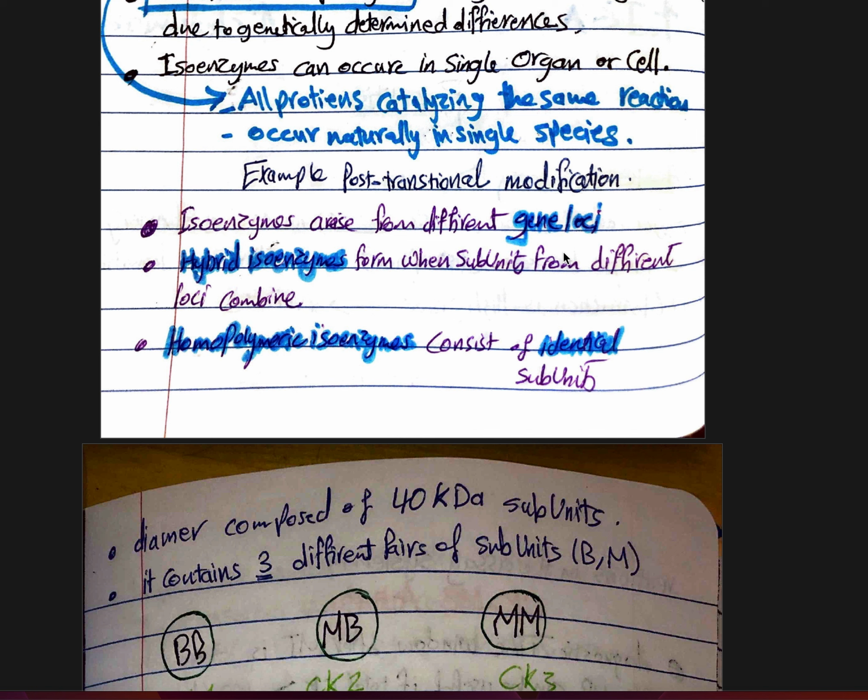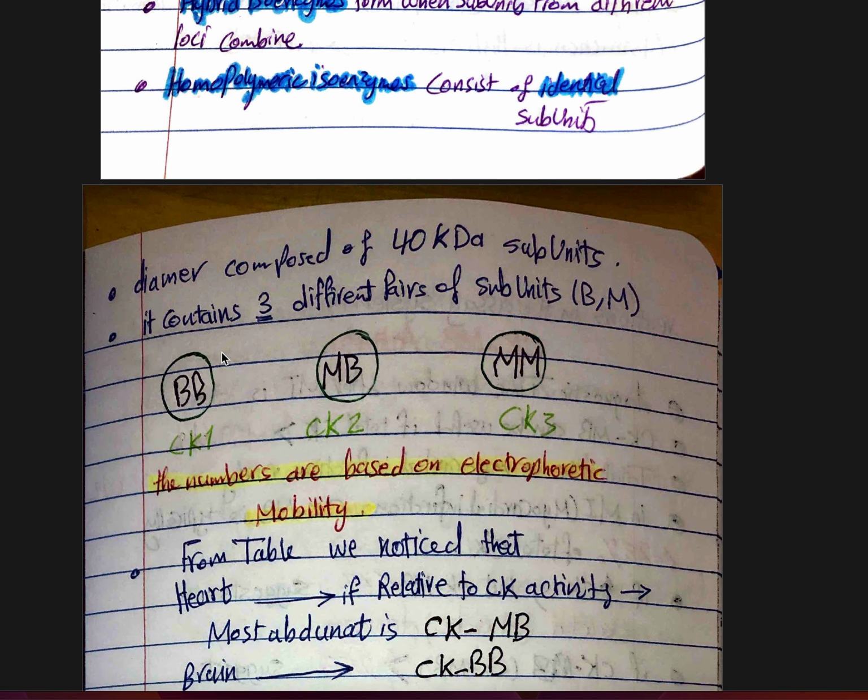The gene has multiple loci, and each locus can form isoenzymes. When subunits from two different loci form one enzyme, we call it a hybrid isoenzyme. But if the subunits are from the same locus, we say homopolymeric isoenzyme, because homo means they are similar to each other.